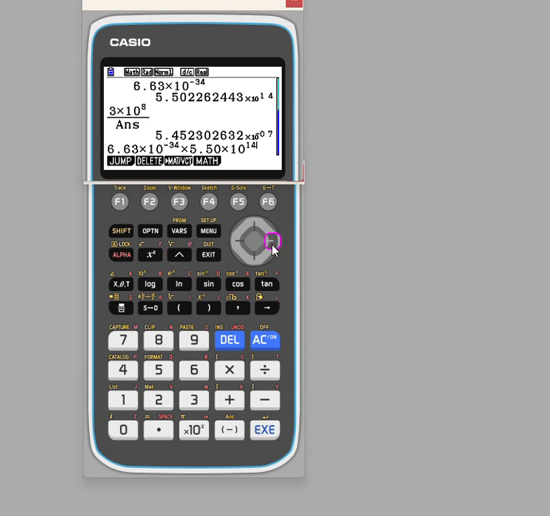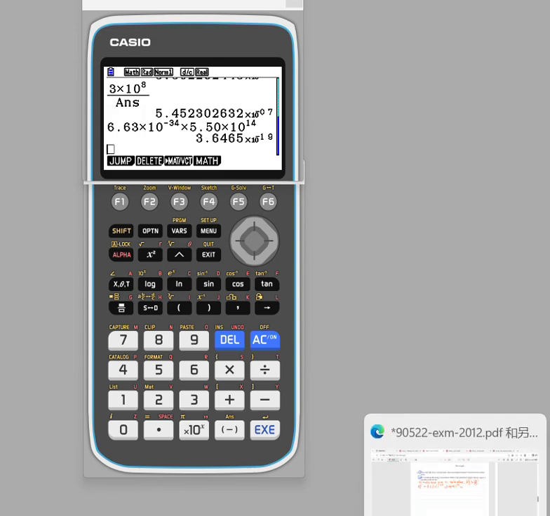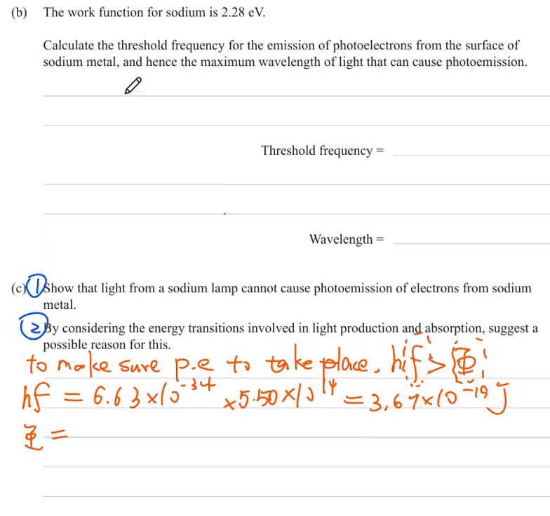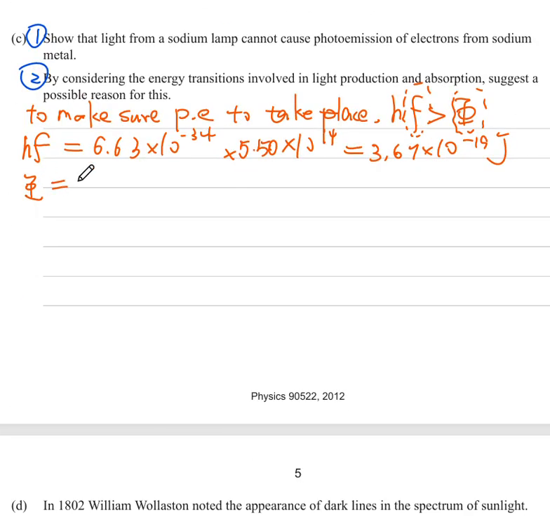The answer is 3.67 times 10 to the power of negative 19 joules. And phi is given too, right? Phi is given here, 2.28 eV.